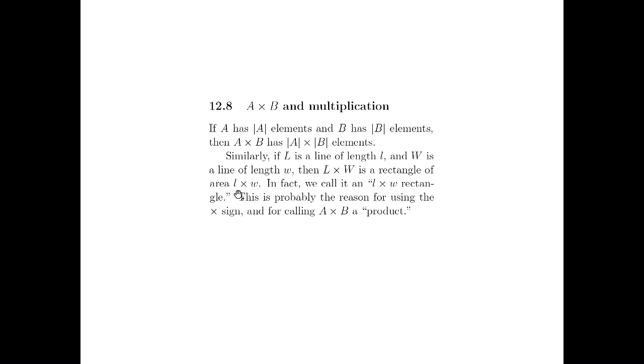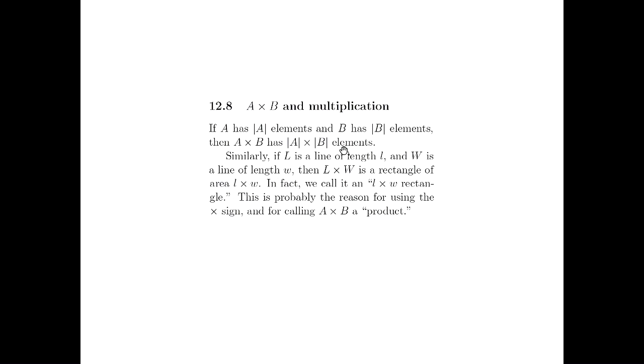For obvious reasons: you need every ordered pair whose first thing comes from A and whose second thing comes from B. How many choices do you have for your first thing? Size of A. How many choices do you have for your second thing? Size of B. Then in total you're going to get size of A times size of B things, right?